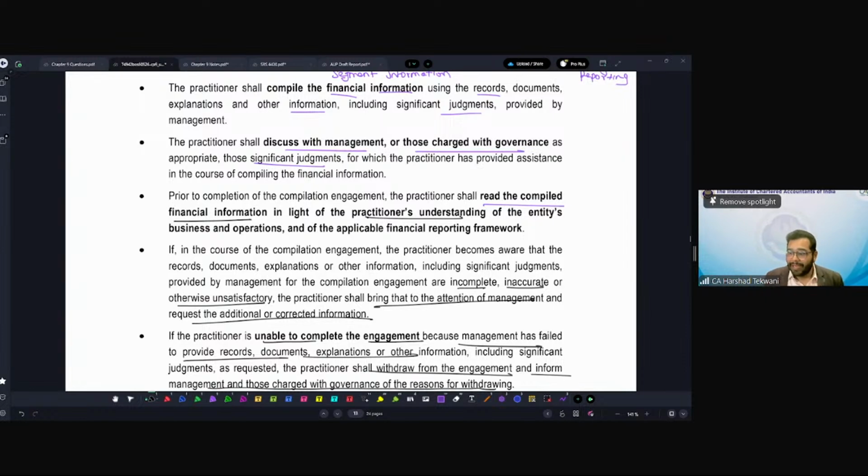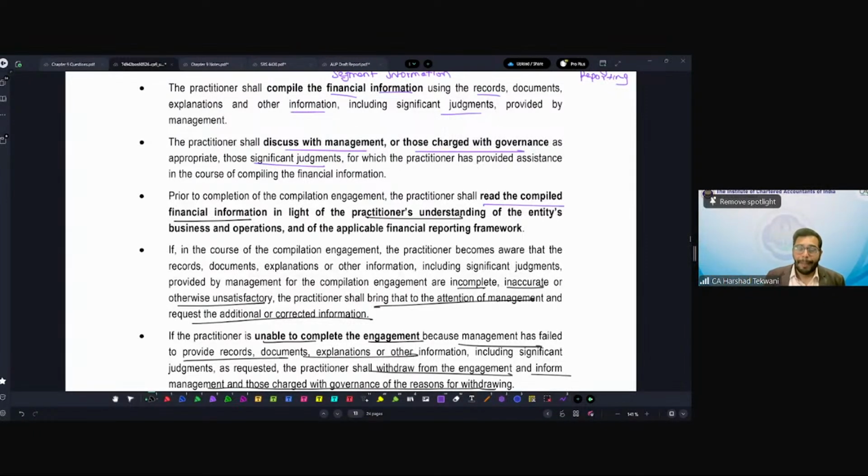So it is perfectly fine if you identify a misstatement. Yes, there could be a misstatement when you are doing a compilation of financial information. At that time, you need to inform management that there is a misstatement. If the compilation of financial information is misleading, for example, the segmental allocation done by the management is incorrect.